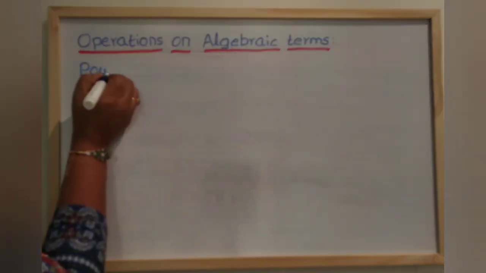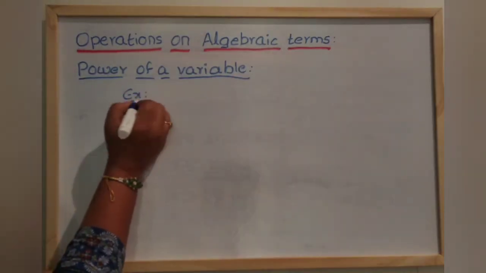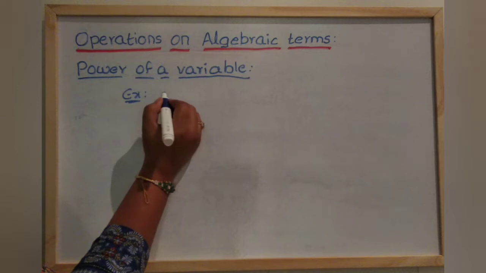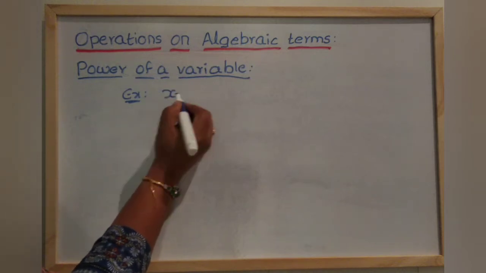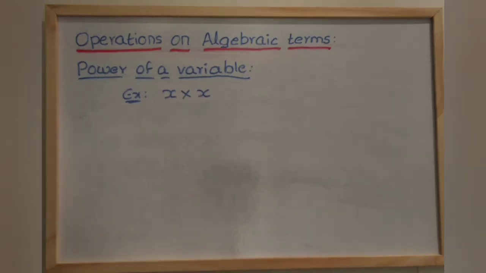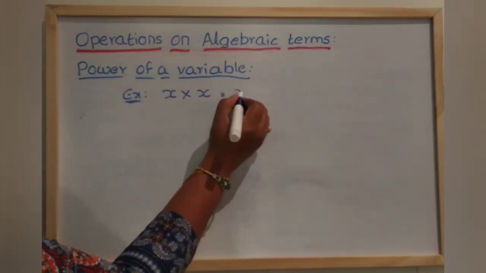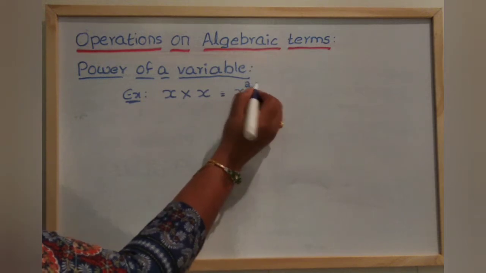Power of a variable. Consider an example. Consider a variable x multiplied by the same variable x gives x to the power 2.